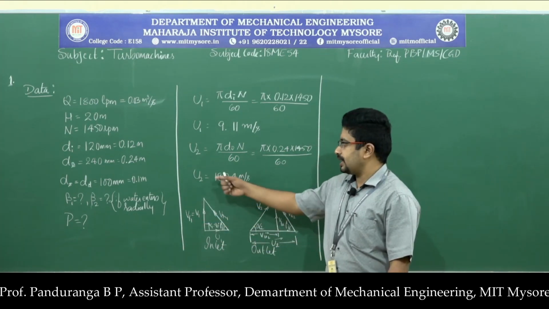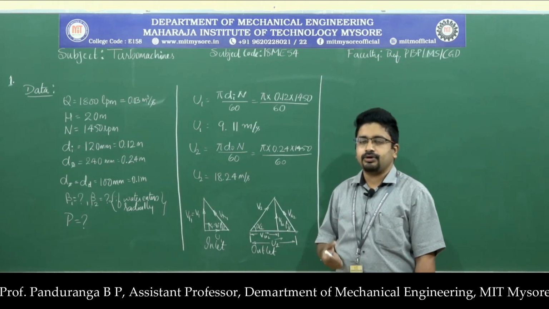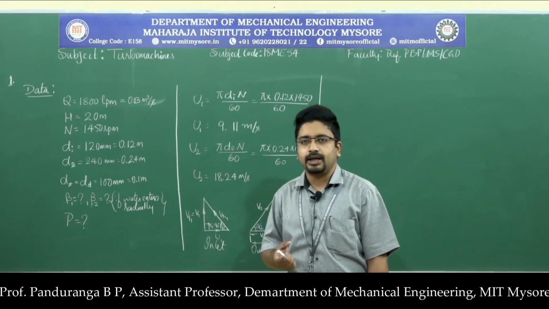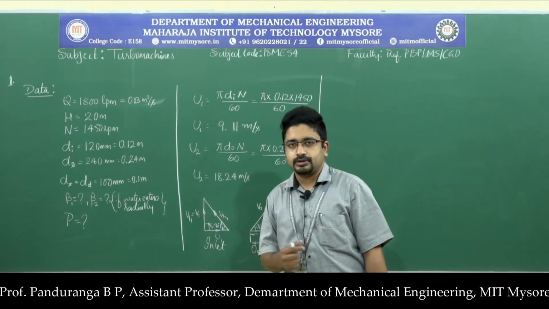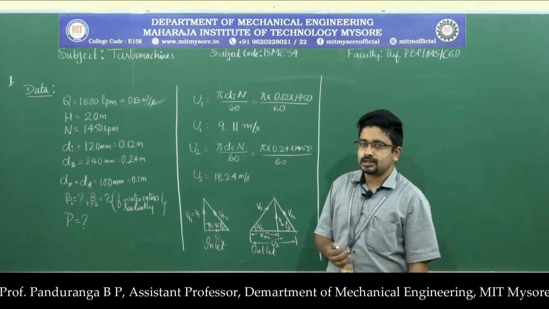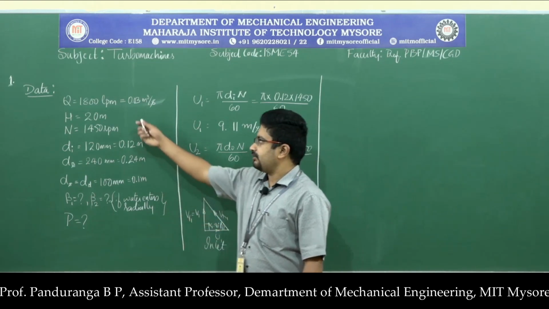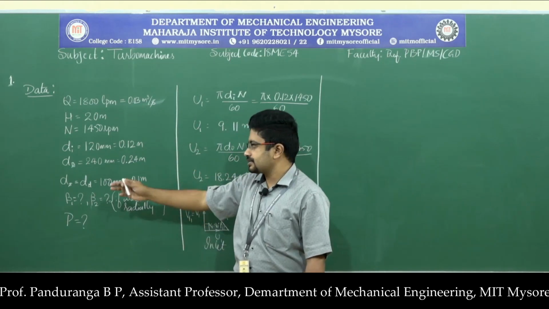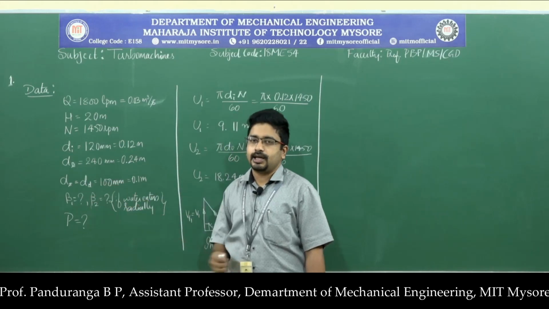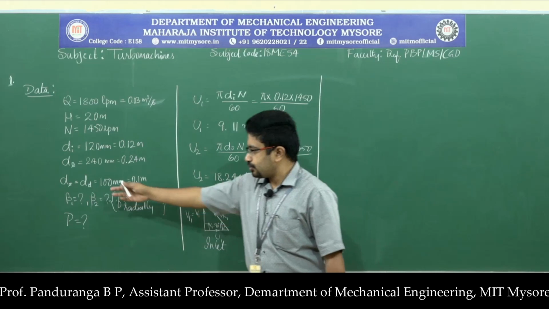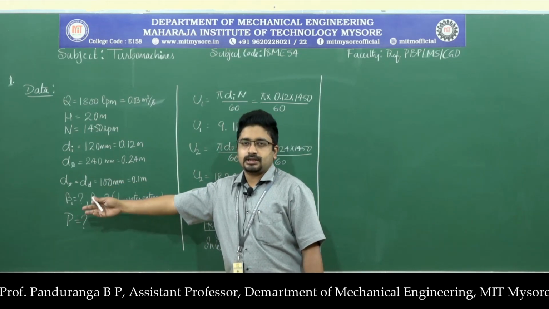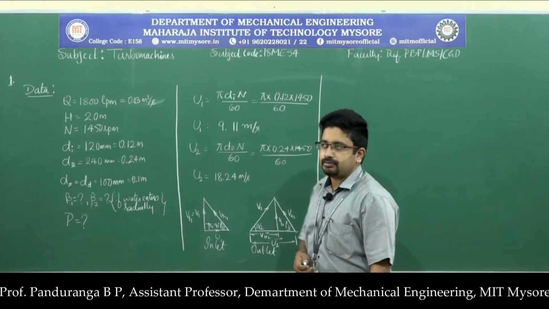So now let us try to find out Vf. We know u1 and u2, and if we know the width of the blade, then we will be able to find out Vf1 and Vf2. But since we don't know the width and we know the discharge, I will use the suction or the delivery pipe diameter to find the flow velocity. Since both are same, the flow velocity will be same.